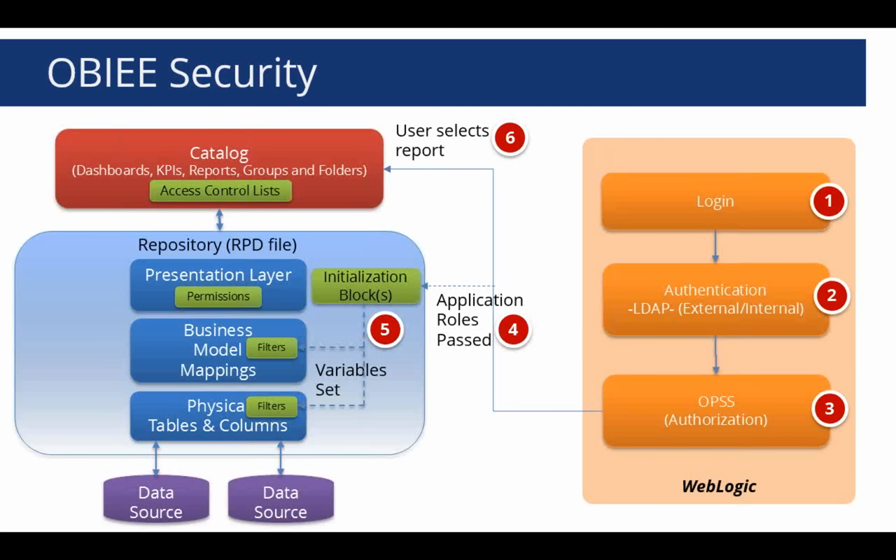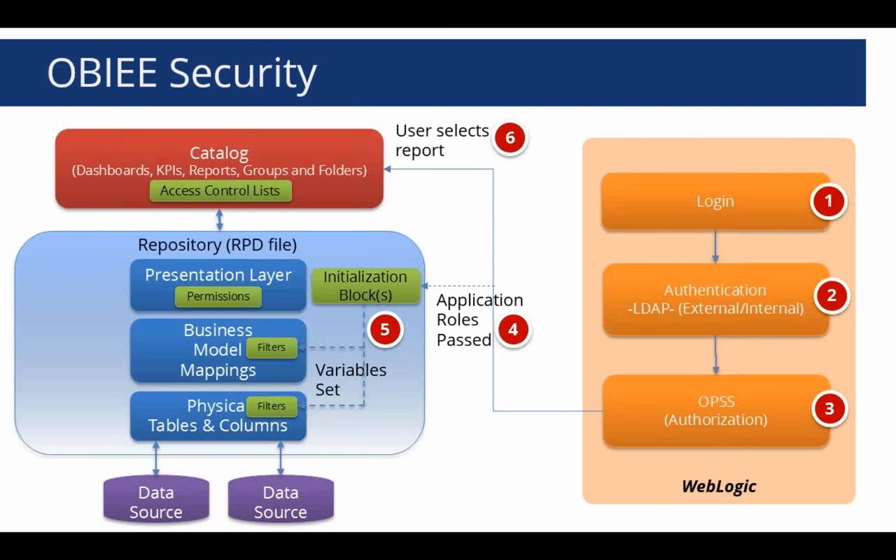So transparent to the end user, the initialization blocks are firing and filters are set, but what the user sees first is the catalog of what dashboards and reports they have. What the user sees in the catalog is defined by those access control lists in the catalog, those ATR files within the file system.